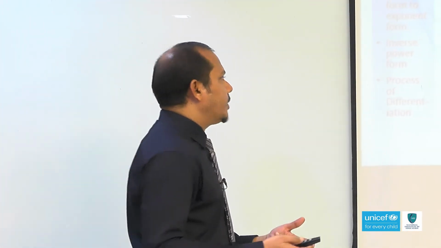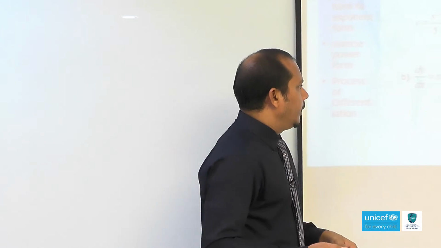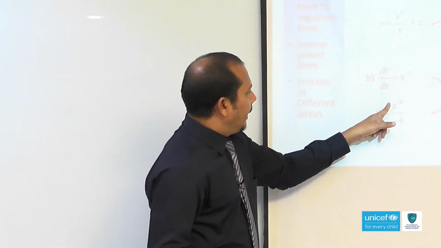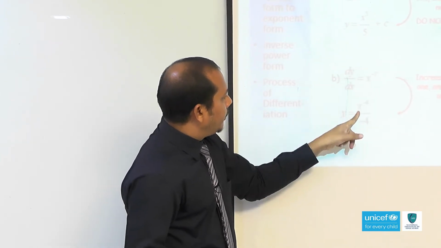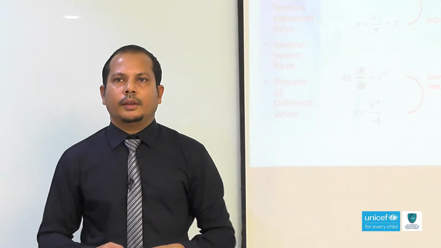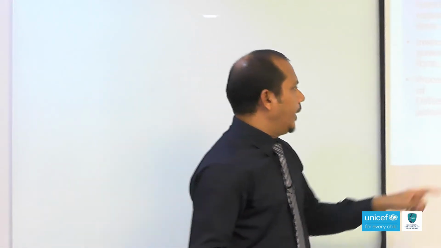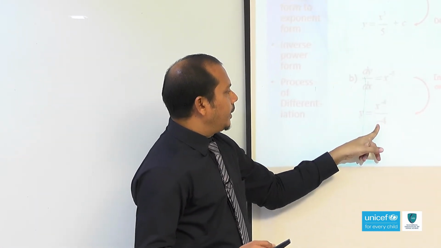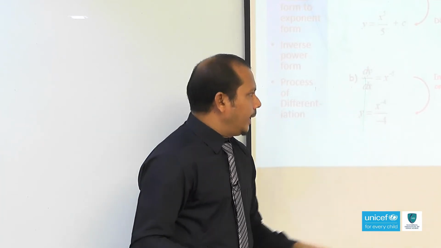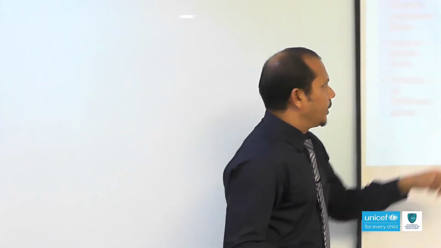So, the new power is minus 4, and then you get 1 divided by minus 4, 1 because we have coefficient 1. We never write 1 as a coefficient. So, that is why we are not writing 1. So, we have x to the power minus 4 divided by the new power, minus 4, and again do not forget to write c. Add c there, and you have the original function.